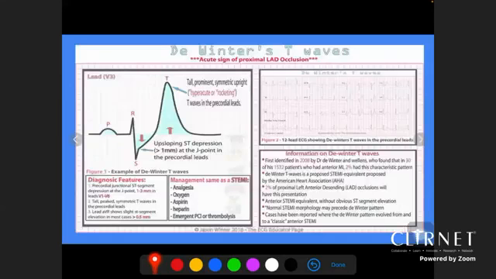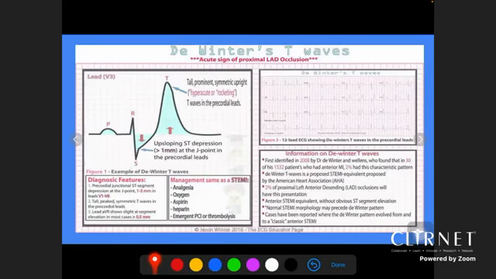You can see this ECG pattern. So what is this pattern? As we said, De Winter syndrome is an acute sign of proximal LAD occlusion. So De Winter is like the acute form of Wellens. You will have hyperacute tall T waves, and there is upsloping ST depression. So there is ST depression, but it is going up, like upsloping, and the T wave is not inverted, it is upright and hyperacute.